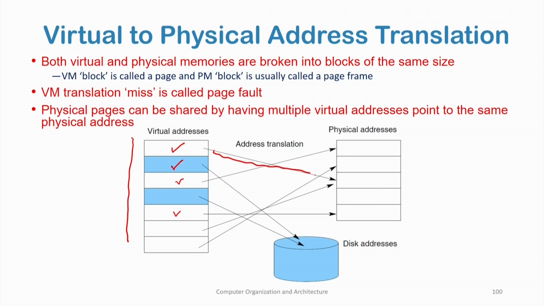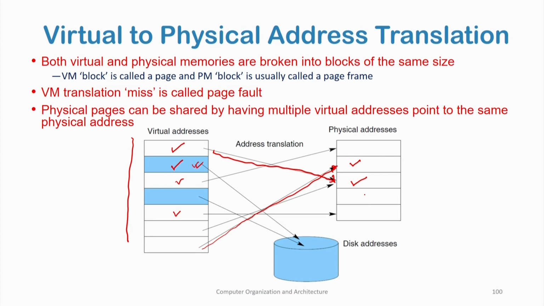Corresponding to this page, the content is in this page frame. However, for this page, I do not have a corresponding mapping in the physical memory. That means this page is currently not resident in a physical memory page frame.